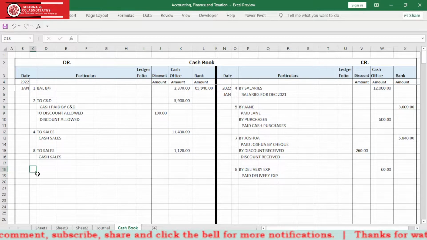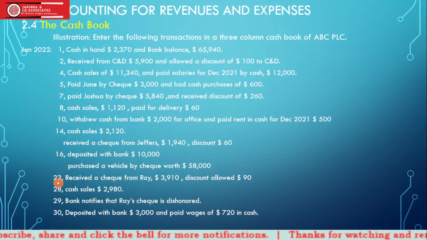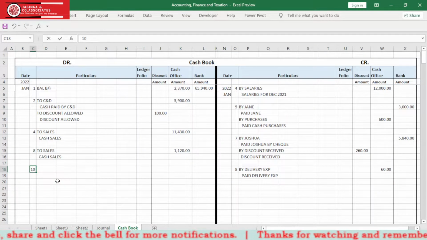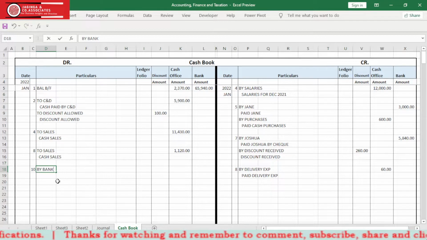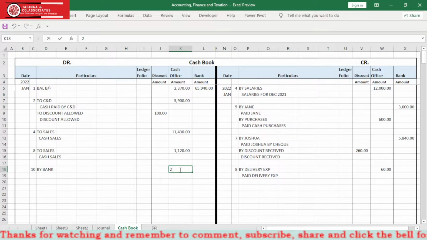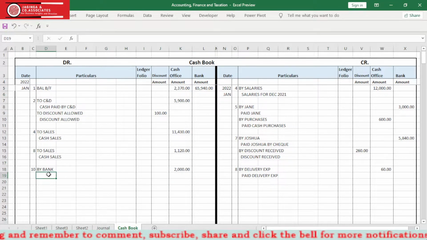So on 10th, when they drew cash from bank of 2,000, here you say by bank, withdrew cash of 2,000 and the amount was put in cash office.